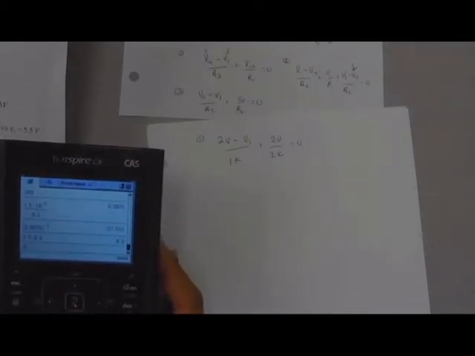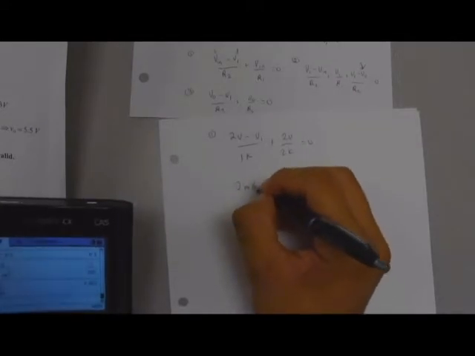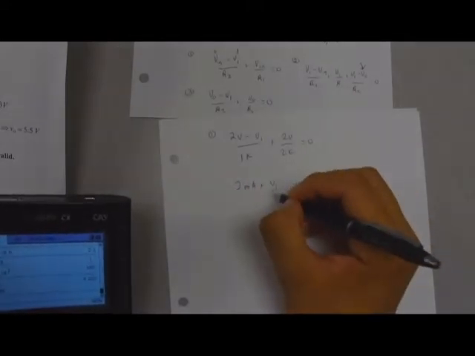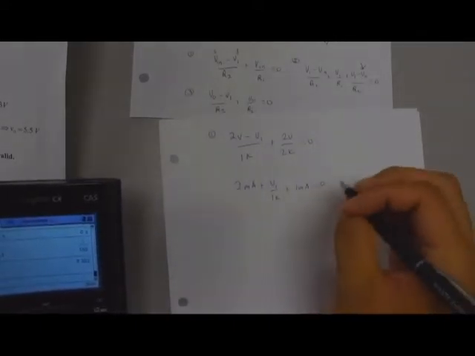So 2 divided by 1K is going to be 2 milliamps, plus V1 over 1K, plus 1 milliamp is equal to 0.